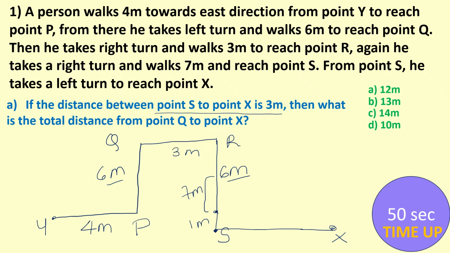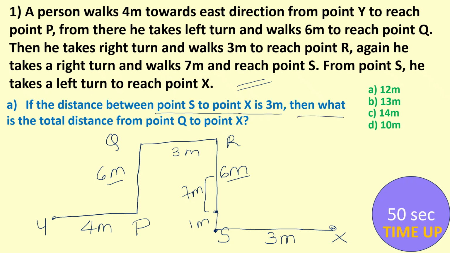For the next question, the distance between S and X is not mentioned in the main question, but in the sub questions they have given it. So this 3 meters is for that question only. Okay, so SX, they have given the distance.